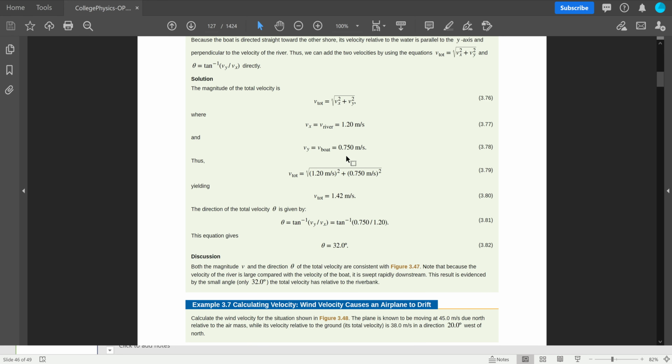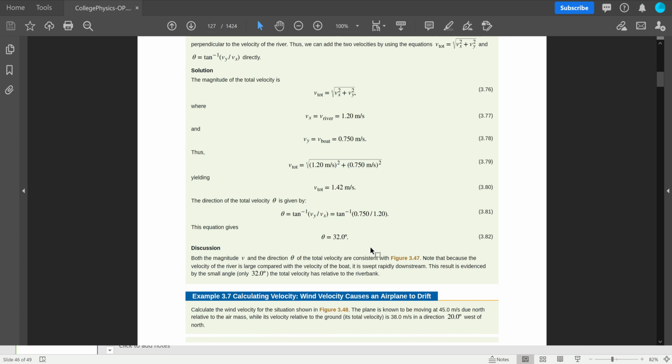So because we have our y component and our x component, we can also find our angle, the angle that the boat's actually traveling in. We do theta equals the inverse tangent of our y component over our x component. So we plug in 0.75 for our y component and 1.2 for our x component, and that gives us 32 degrees.